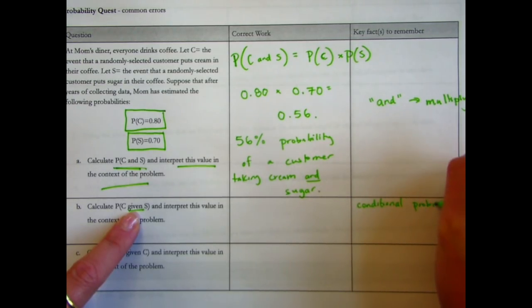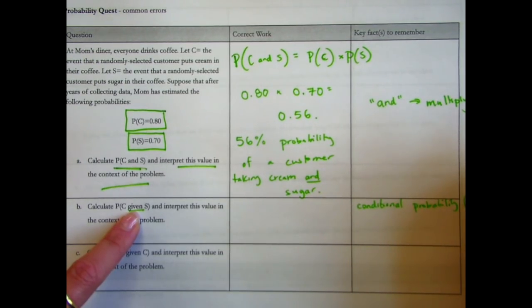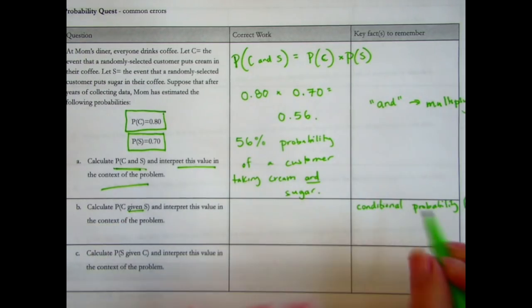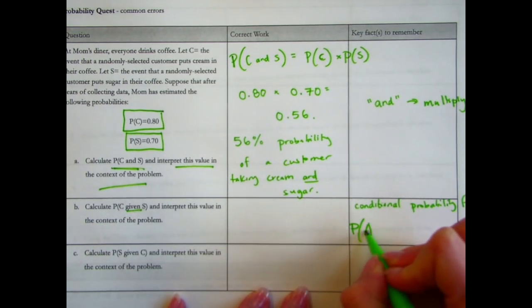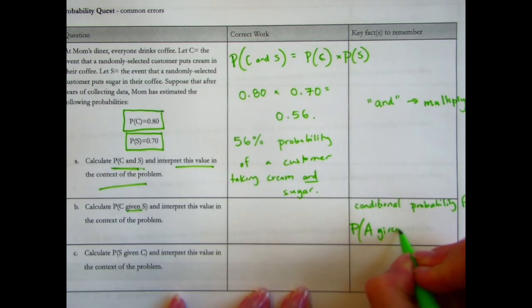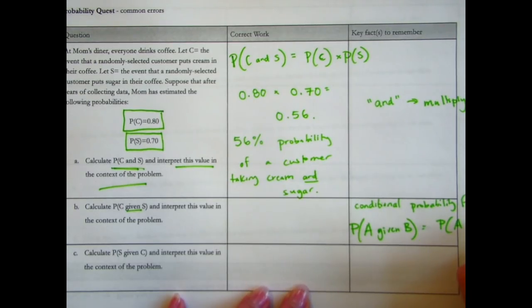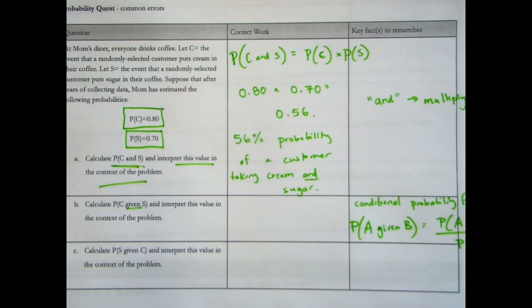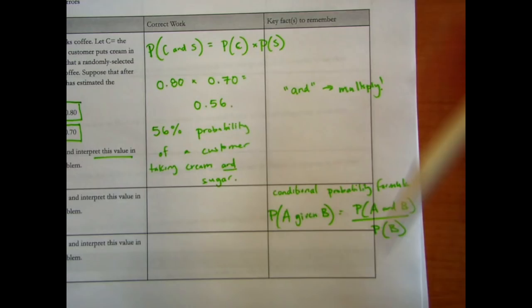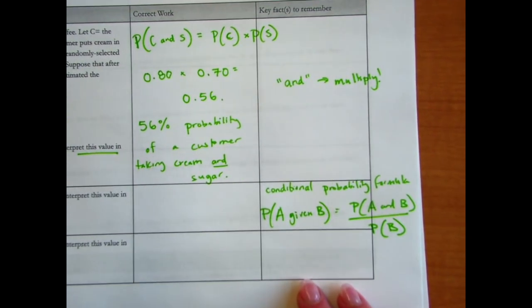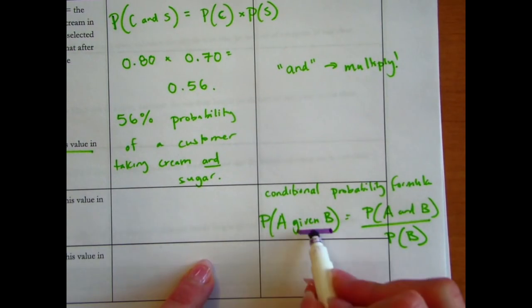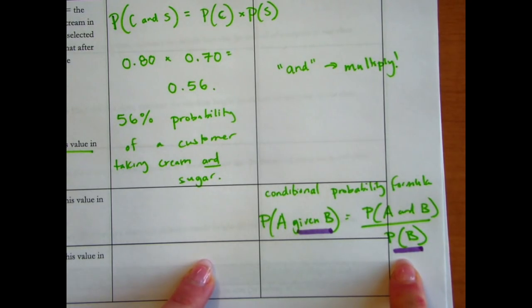So I'm going to start off with this key fact, because I know I'm going to need it, which tells us the probability of A given B is equal to the probability of A and B divided by the probability of B. Key thing to note, whatever is given, whatever comes after the word given, is going to go into the denominator of that conditional probability. So you definitely need this to solve the problem, whether that's memorized or in your foldable.